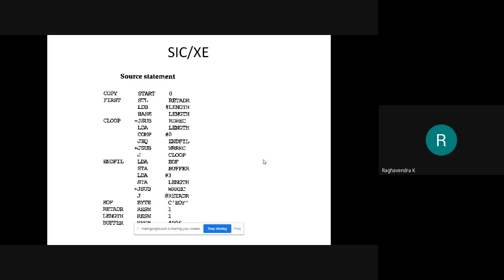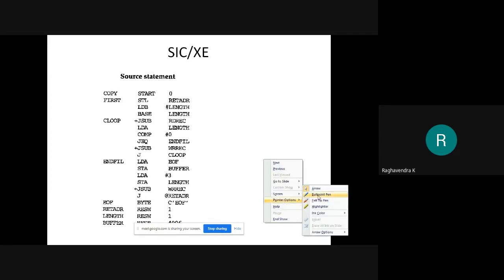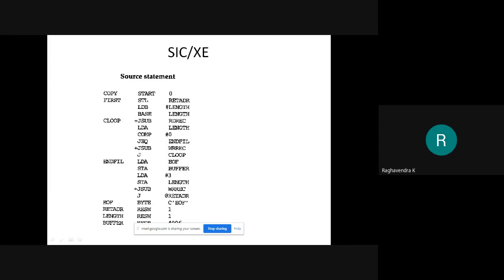That is how we identify format 1, 2, 3, and 4. Apart from those 6 instructions that are 1 byte in length, other instructions are either format 2, 3, or 4.